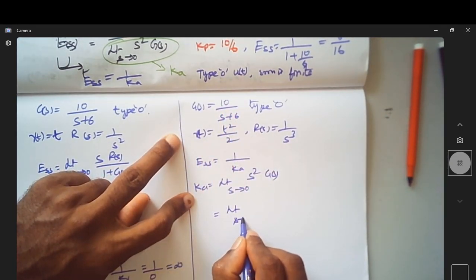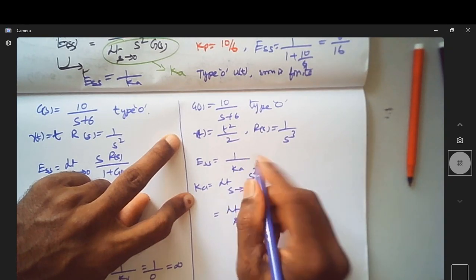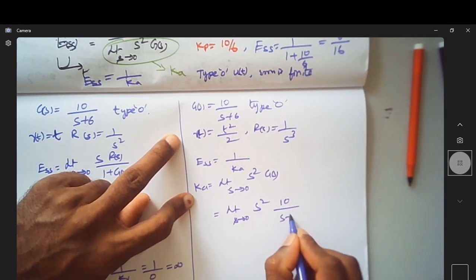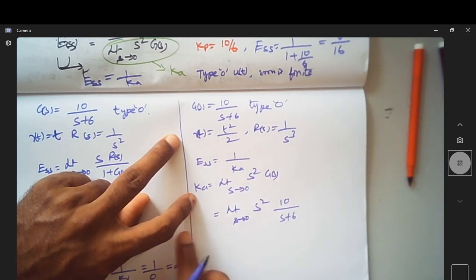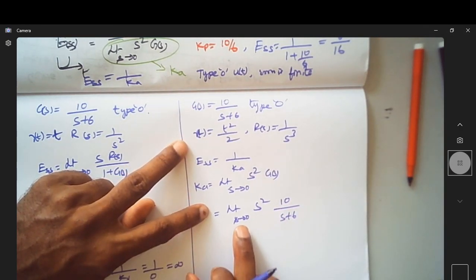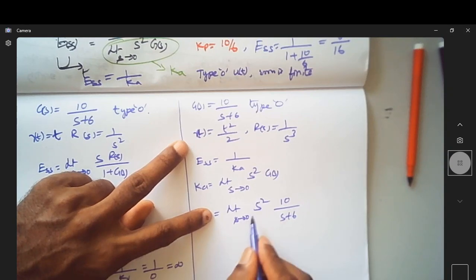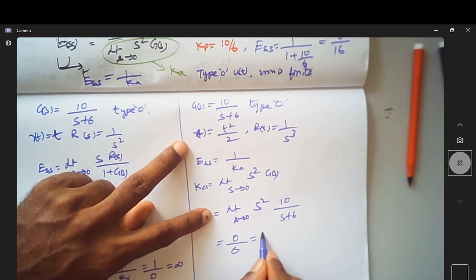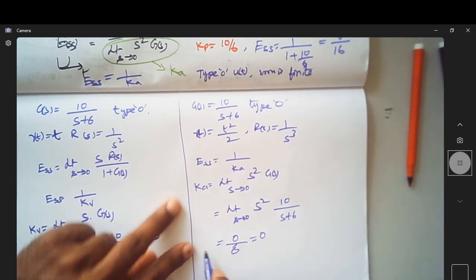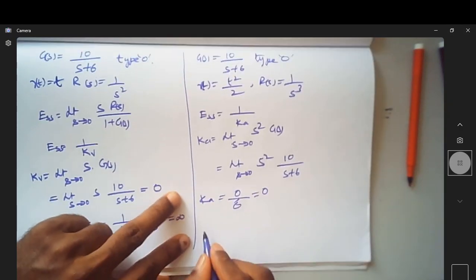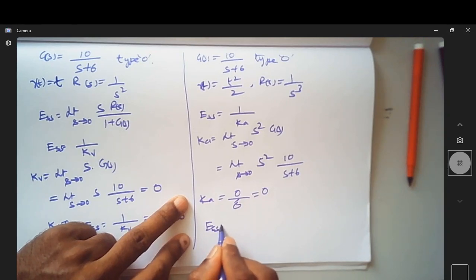So let us try to find what is KA for this particular example, which is now limit of s tending to 0, s square, GFS is actually 10 by s plus 6. If you apply the limit of s to 0 here, now this will become 0 by 6, which is nothing but 0. So this is KA. Then what is ESS? ESS is nothing but 1 over KA.